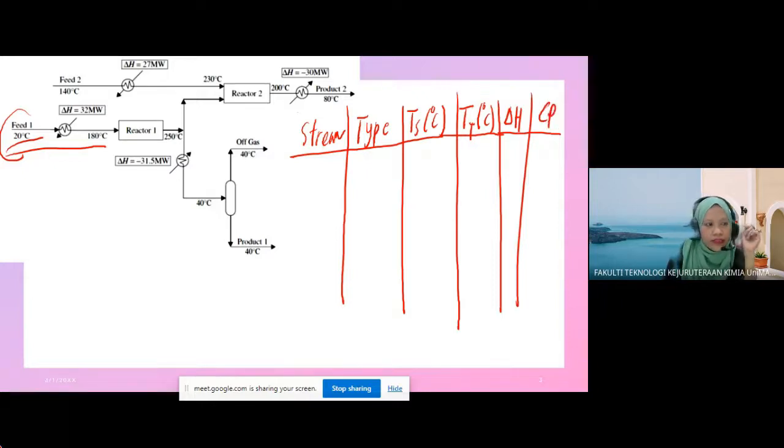Now this stream from 20 to 180 is a cold stream because it requires heating. So stream feed 1, and delta H is 32 in megawatts.